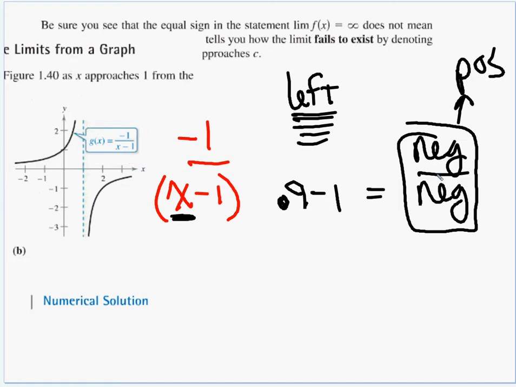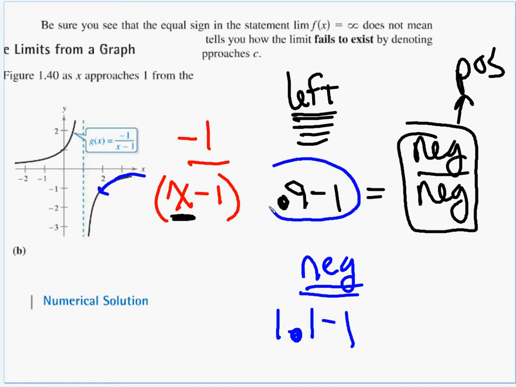Let's change that and come in from the right. Maybe we're coming in from the right, so our numbers are going to be a little bit bigger than 1. I would think 1.1. So again, the numerator is a negative 1, but our denominator is going to be 1.1 minus 1. Again, when we come in from the left, we pick a number a little bit under 1. Here we're coming in from the right side, so we pick a number a little bit bigger than 1.